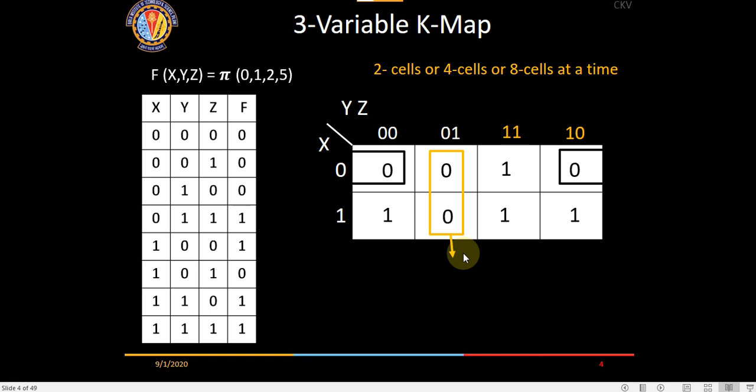So what will this be? Y Z cap. Yeah, Y is 0. You have to write it complemented, because it's for zeros. So this will become Y plus Z cap. Not an AND gate, it's an OR operation, right?